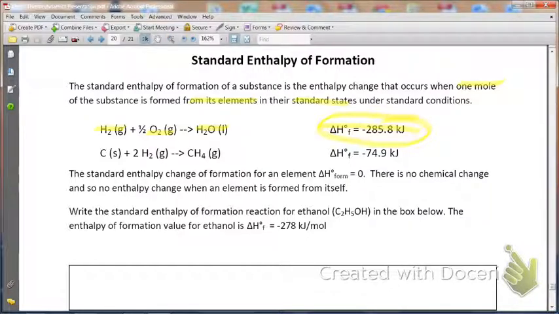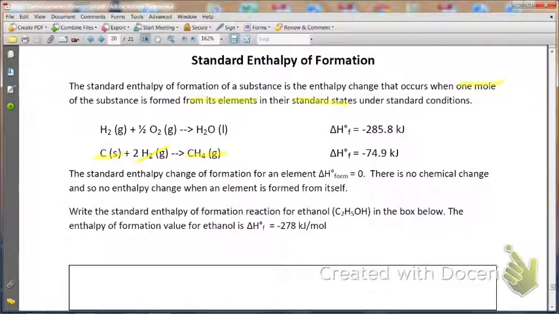Now, let's take a look at another one here, right below it, and that's methane gas, CH4. So again, to form 1 mole of methane, because again, that's our definition, we can only form 1 mole of it. Methane is made up of elemental carbon, which is in the solid state at standard conditions, and elemental hydrogen, which is again a gas at standard conditions.